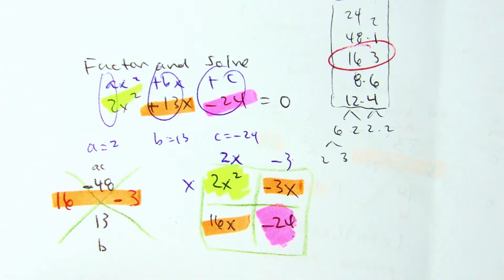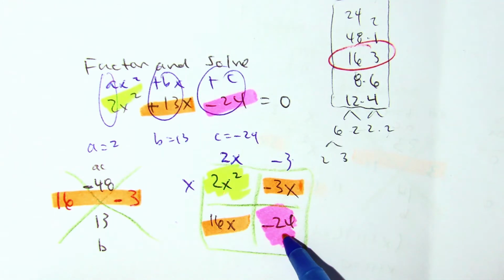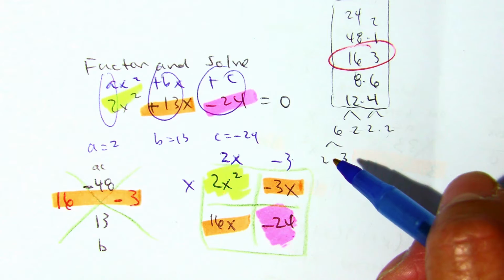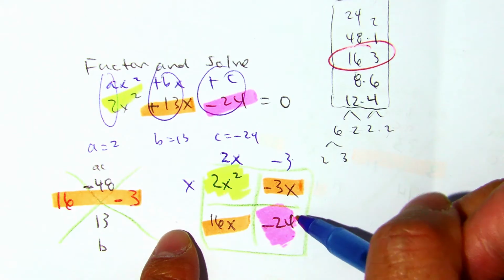Say again. So if I do 16 times negative 3, does that equal negative 24?